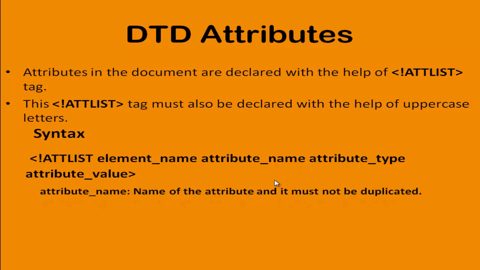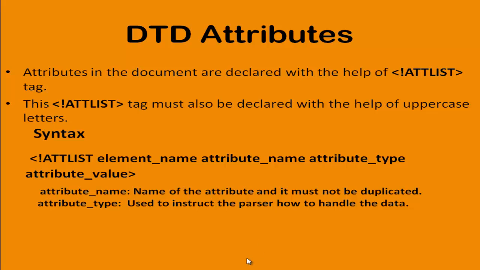After the attribute name we have to specify the attribute type. This attribute type is used to instruct the parser how to handle the data. So we have various attribute types which inform the parser about the particular attribute used in the document. We are going to see about various attribute types in our upcoming slides.